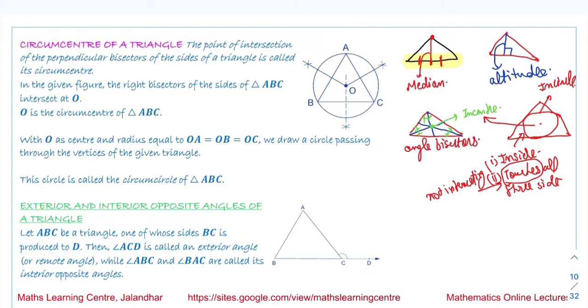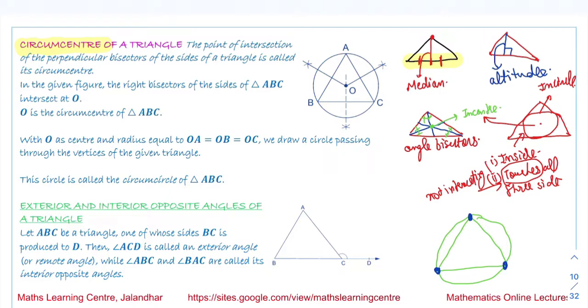Now the next definition we have is the circumcenter and circumcircle. Circumcircle is basically, we are saying a triangle is given to us and we have to draw a circle passing through these three vertices. These are the three vertices of the triangle.